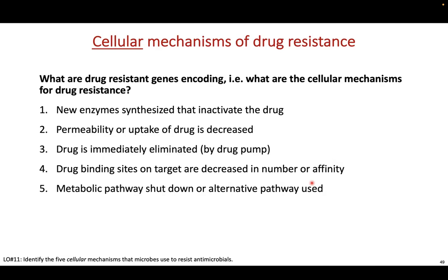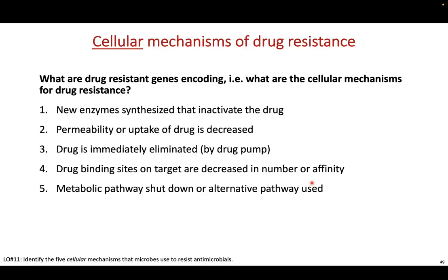These plasmids that are passed on from one bacteria to the other, or the spontaneous mutations, these new genes that are either coming from DNA replication mutation or transfer of plasmid from one bacteria to the other, mostly encode for a lot of cellular mechanisms.